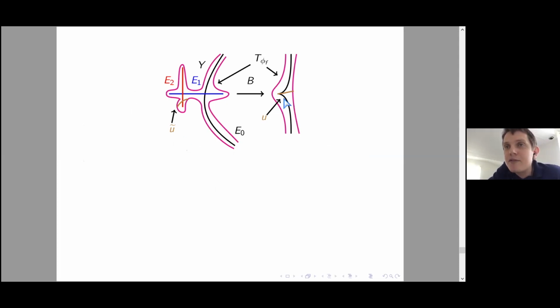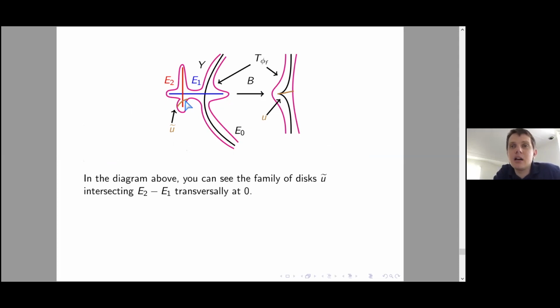The point is I have this very, very tiny disk here, and it basically looks exactly the same as the corresponding element of the moduli space. And here it is over here.